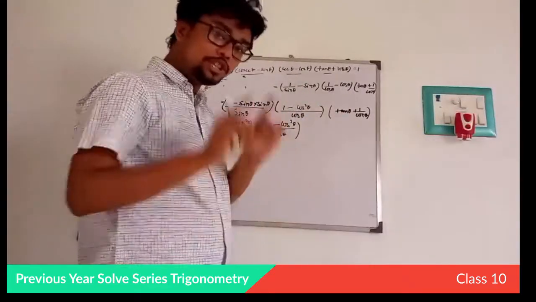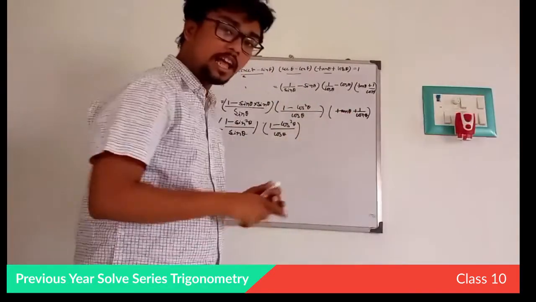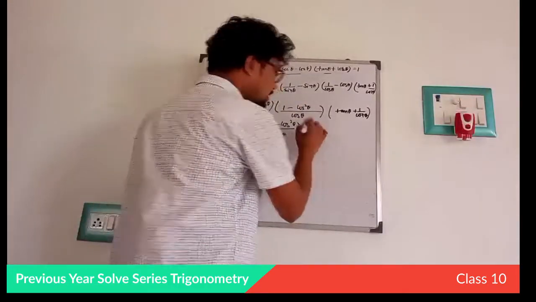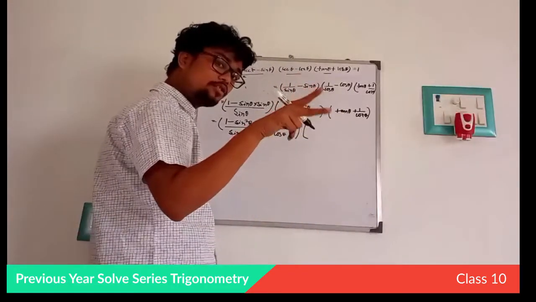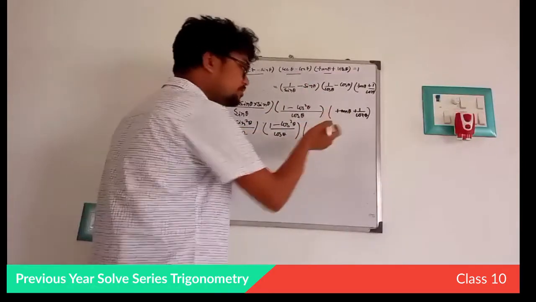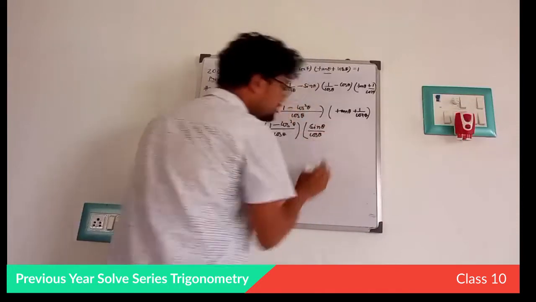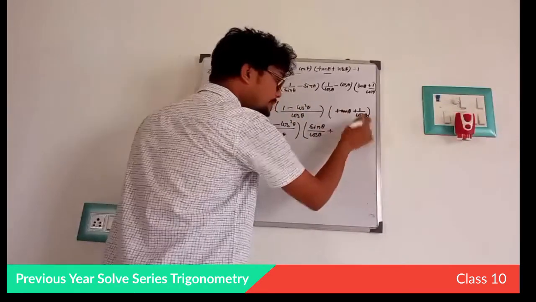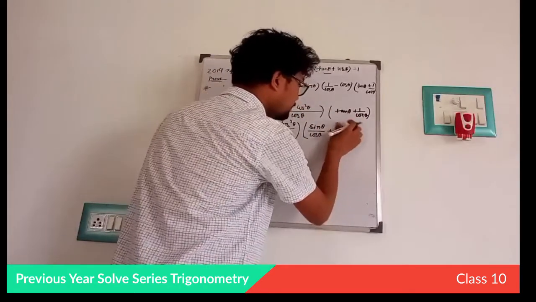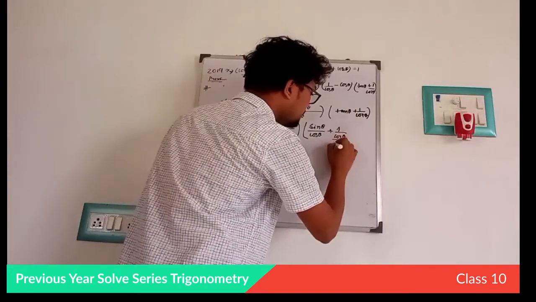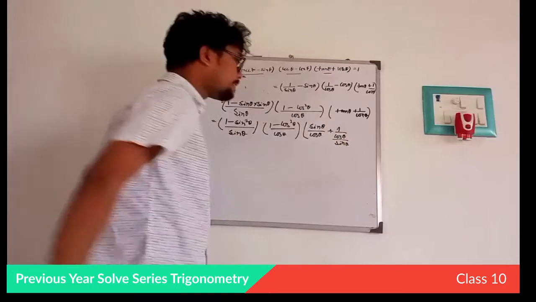Now here I have to do another thing. We have to change tan theta and cot theta into terms of sin theta and cos theta. Okay, fine. Tan theta means sin theta by cos theta, plus cot theta means 1 by tan theta.